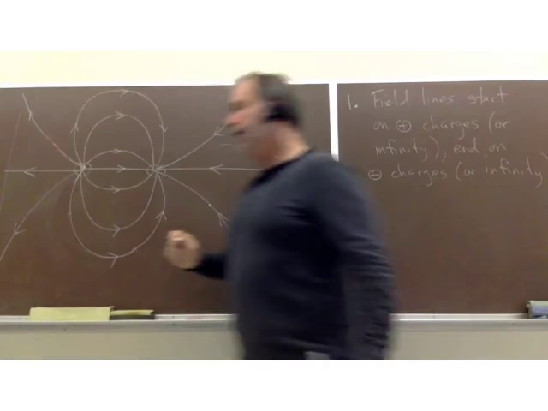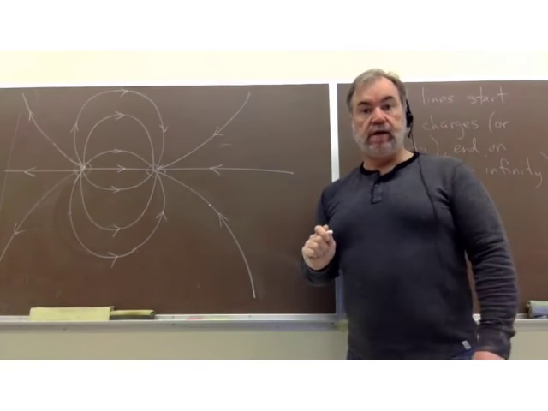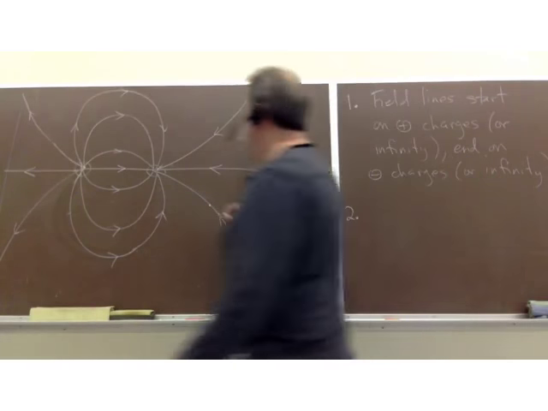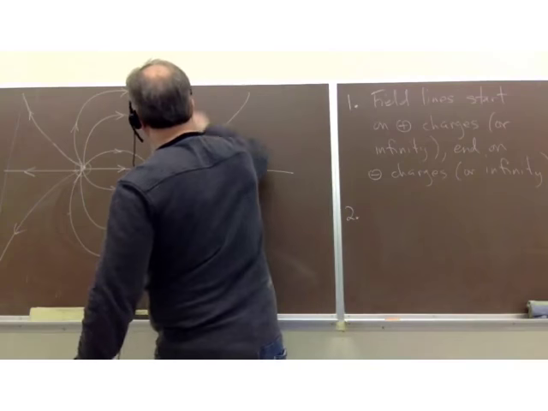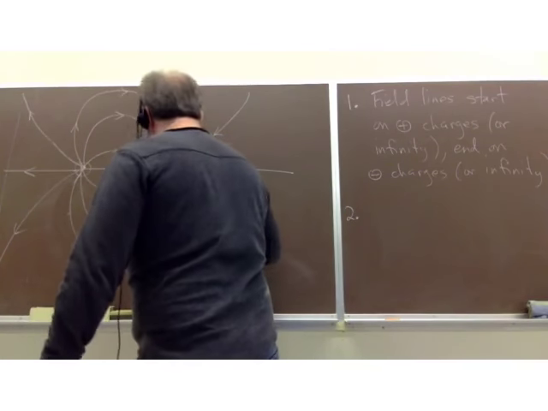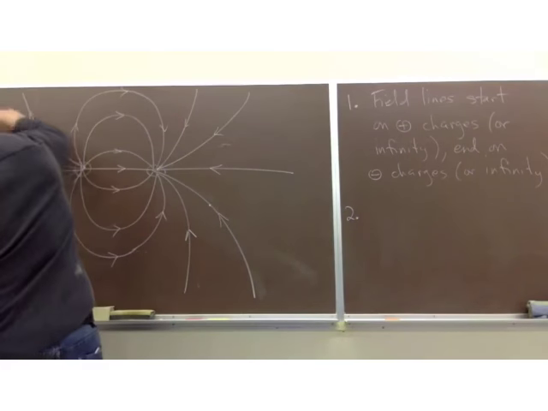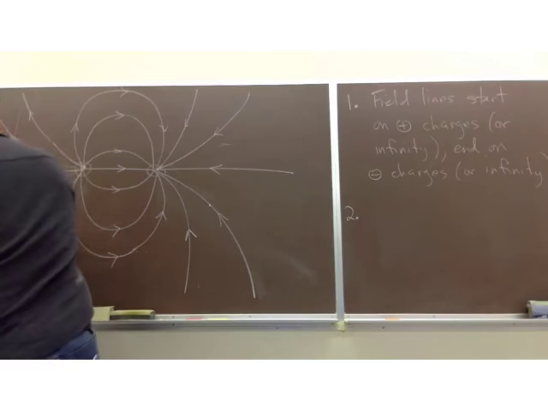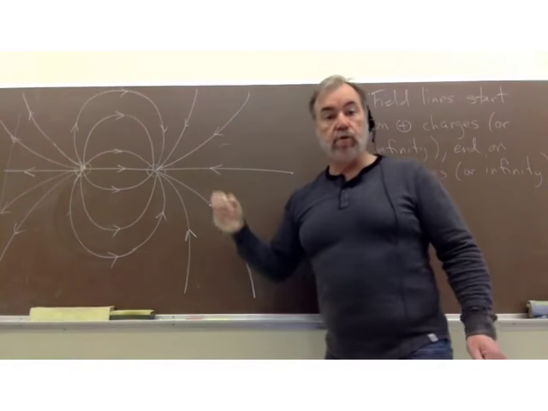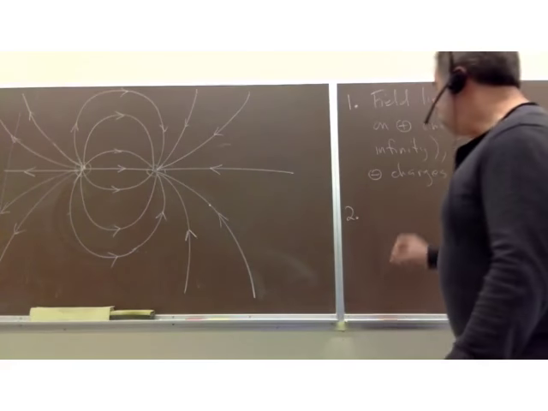Basically, when you feel like you've made a picture that adequately indicates how the electric field is going to behave pretty much everywhere. In other words, if somebody asks you what the field is doing here, your diagram is sufficiently detailed to answer that question. So we start on positive charges, end at negative charges, or start or end at infinity. Great.